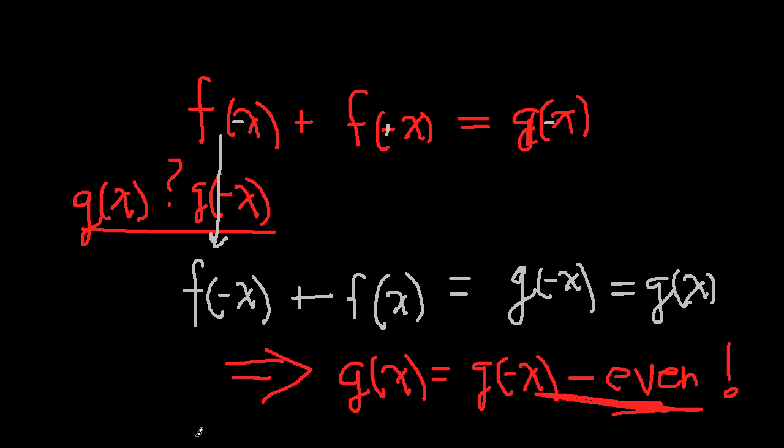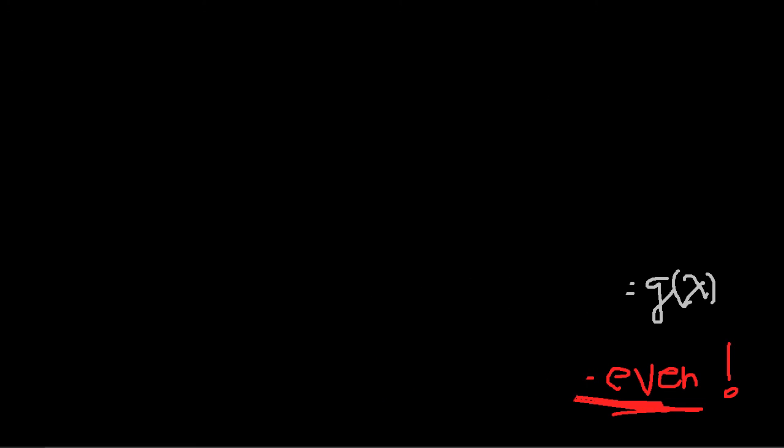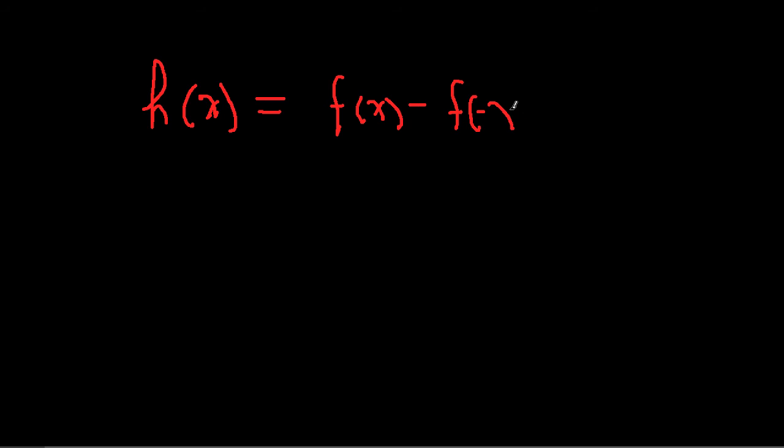Let's look at the other function we had, which I'll call h of x, equal to f of x minus f of negative x. What's the relationship between h of x and h of negative x?